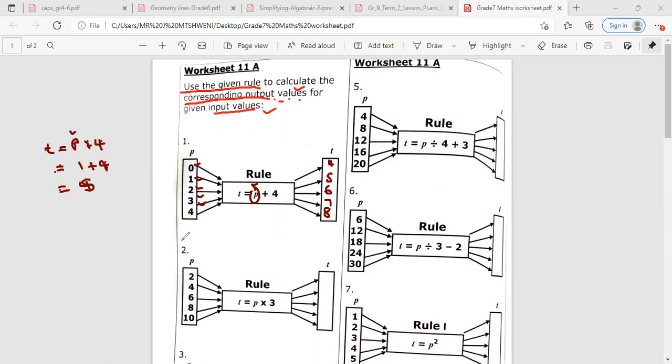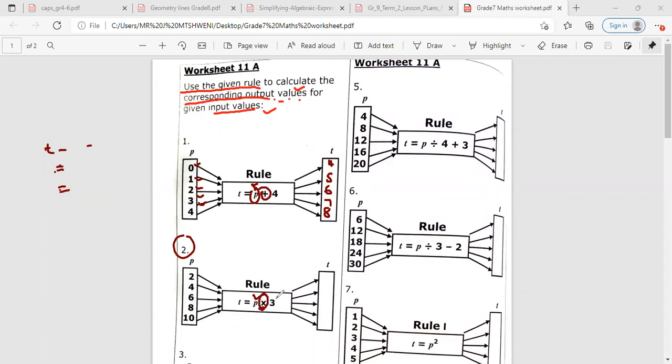So we come to number 2. This is a worksheet for grade 7, but it is also relevant to grade 8. Now it's no longer addition, but multiplication.